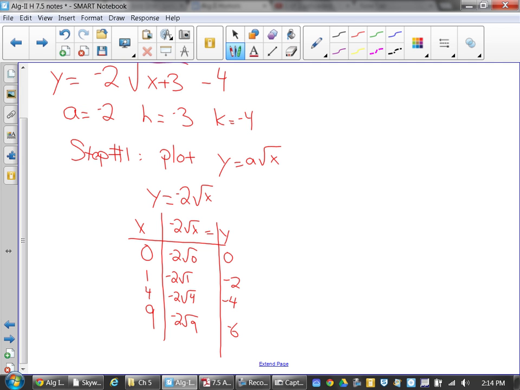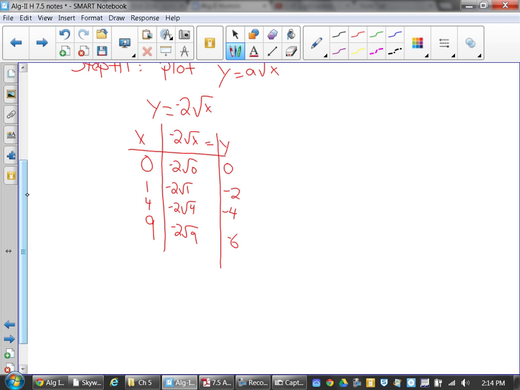I have all of my ordered pairs now for the parent graph. We'll be at 0, 0, 1, -2, 4, -4, and then 9, -6.